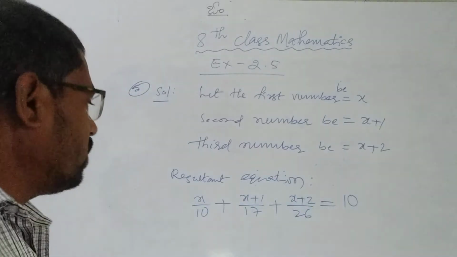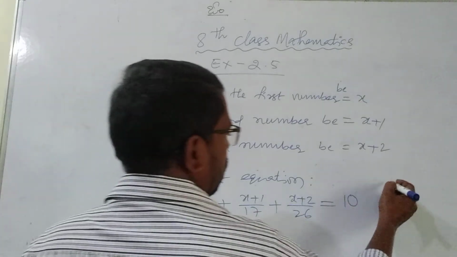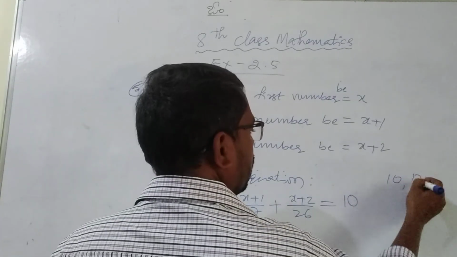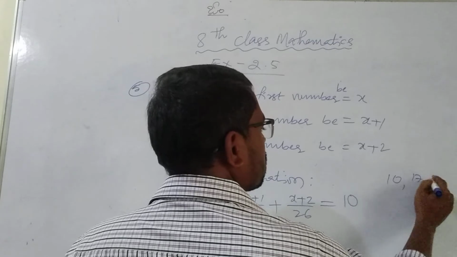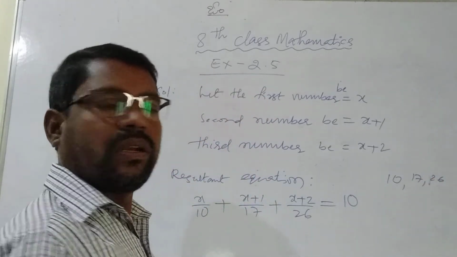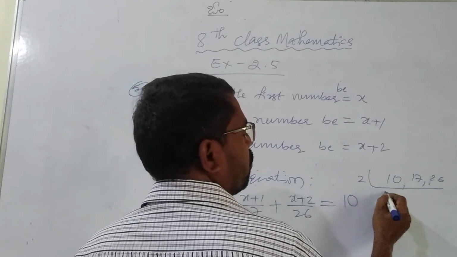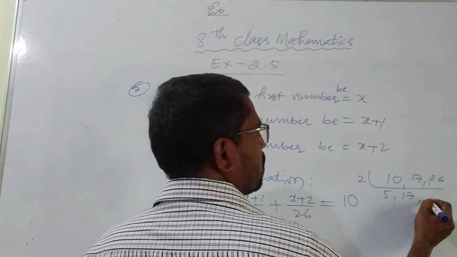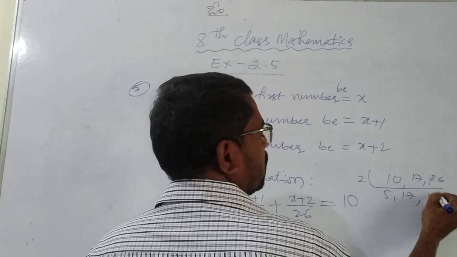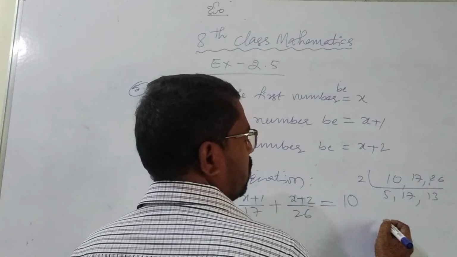After that we are going to take the LCM. What is the LCM of 10, 17 and 26? Let's see. 2 table, 5, 17 as it is, and 13. All these are prime numbers.